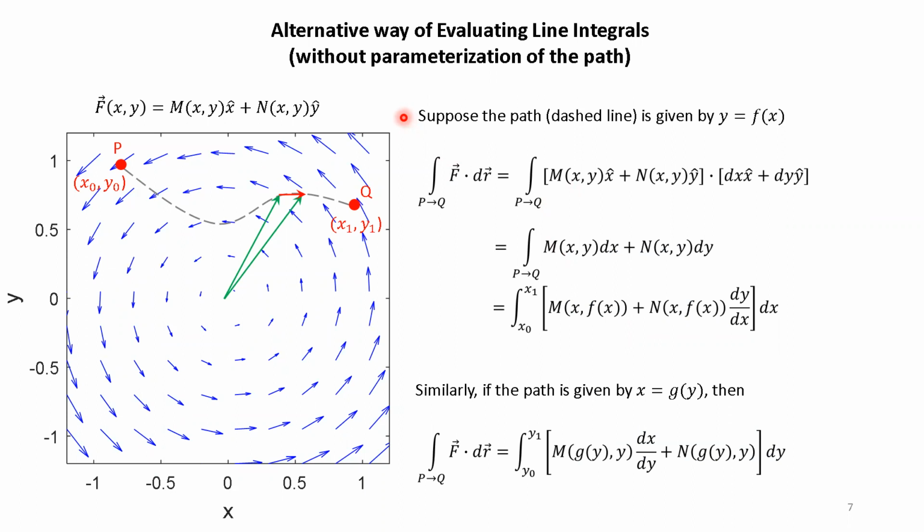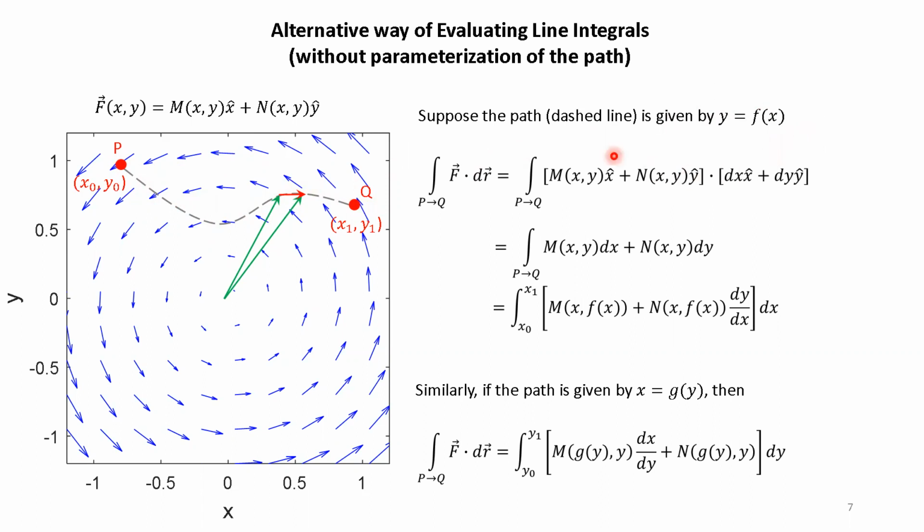Now, suppose I don't want to rely on this parameter t. I just tell you that this path from P to Q can be described by the curve y equals f of x. So instead of relying on parameterization, that's also okay.